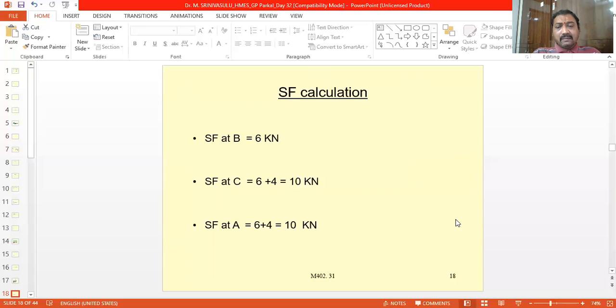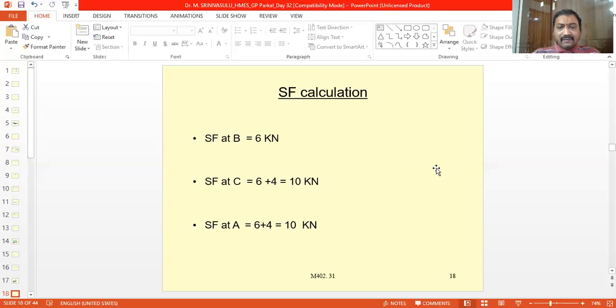Then the shear force is nothing but the algebraic sum of the forces acting either to the right of the section or to the left of the section. So we should take only one, either to the right or to the left, but not both. If you consider either the right or the left, both will be the same.